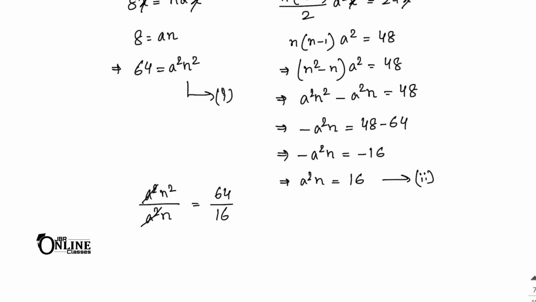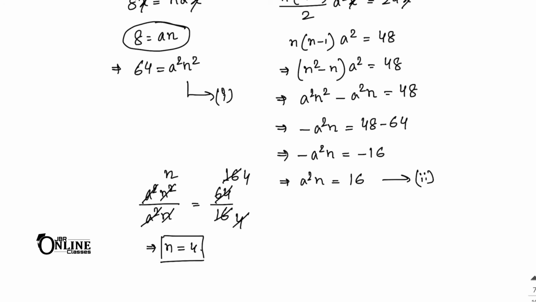So a square cancels out, n remains, and on the right 4 times 4 is 16, so it will be 4. So now you can write n equals 4. That is your first answer. And if n equals 4, then you know that 8 equals an. So 8 equals a into 4, and that gives 2. So a equals 2, your second answer.